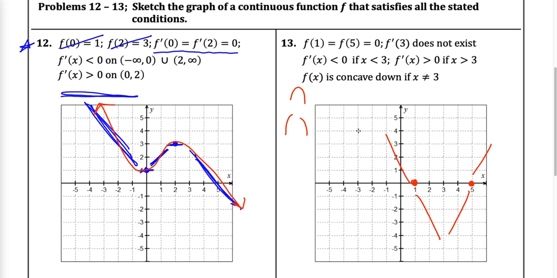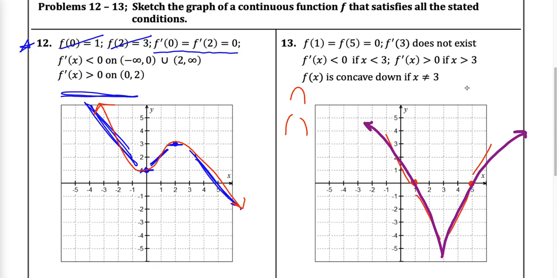So if I'm looking at the rough sketch of this picture and it says it's curving down everywhere but at 3, I'm going to expect that it looks like this, like a curvy V. This is really hard to draw.